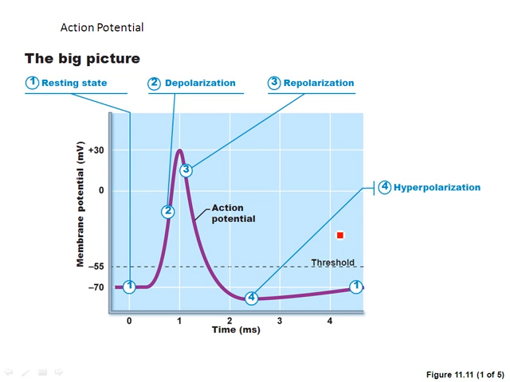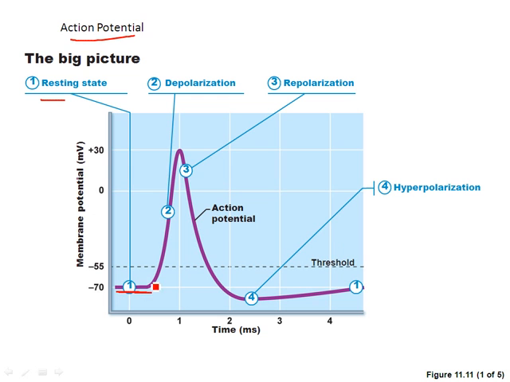We've got several stages of an action potential that are standard, and you need to learn them. I'm going to go through each step and explain what's going on in each part of the action potential. But when you look at an action potential, it can always be broken down into 4 steps. You have what's called the resting state, and this is just the beginning. You've got your resting membrane potential, your battery's charged, ready to go.